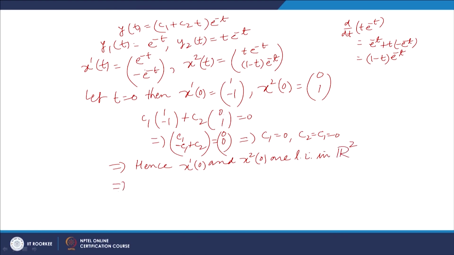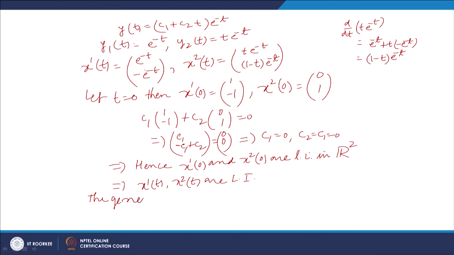So, by the theorem which we have just now done, if k vectors x1, x2, ..., xk at t equal to t naught are linearly independent, then the k functions x1, x2, ..., xk are linearly independent. So, the two solutions x1(t), x2(t) are linearly independent. And so, we can write the general solution of the given system.